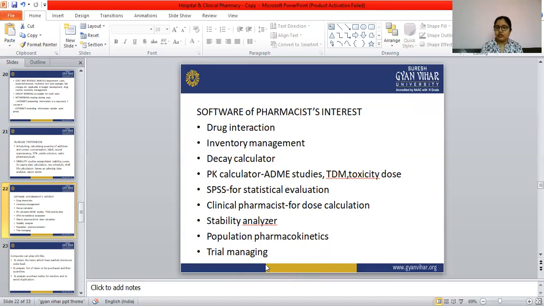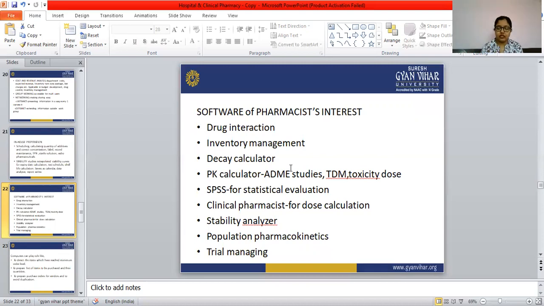Different software are available for different functions. The database available for drug interaction is not the same as the database available for pharmacokinetics. So each and every function needs a different software for finding out every different category.